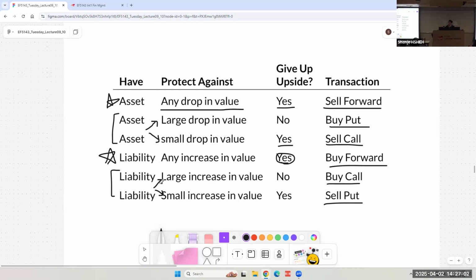Otherwise, buy call for large increases. Selling the put gives you that premium, that payoff in the beginning, which gives you some protection, but your payoff is capped. But when you buy a call option, you have the upside exposure, but only if there are large increases in the other direction.